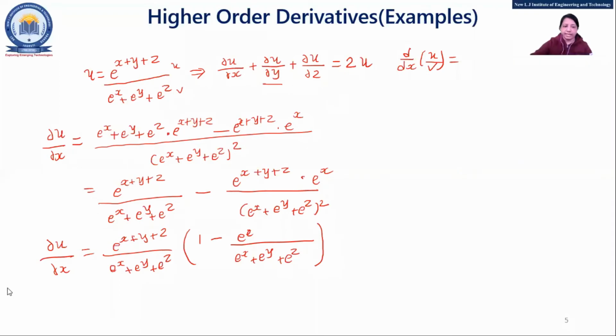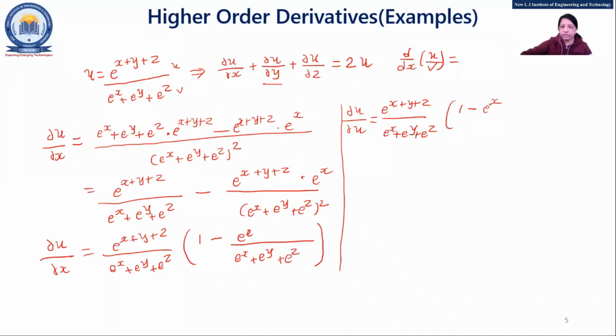So we can directly write down del u by del y. That is supposed to be e raised to x plus y plus z upon e raised to x plus e raised to y plus e raised to z, into 1 minus e raised to y upon e raised to x plus e raised to y plus e raised to z.